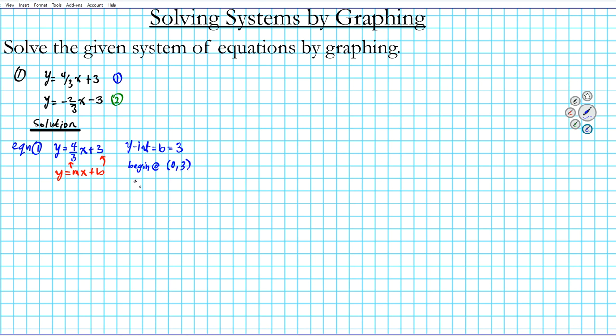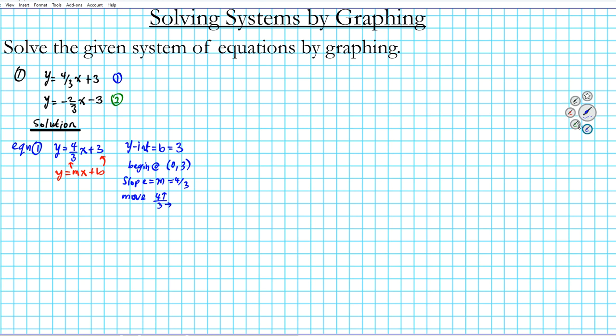And then our slope, which is m, is 4/3. So it tells us the movements to the second point. You're going to move 4 units up, rise, and then run 3 units to the right. So that's for the first equation.